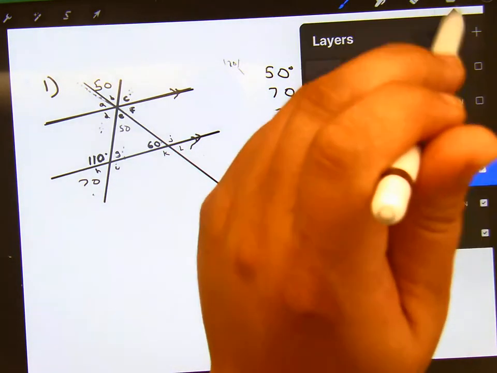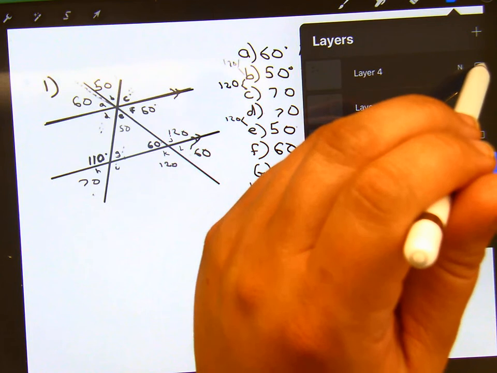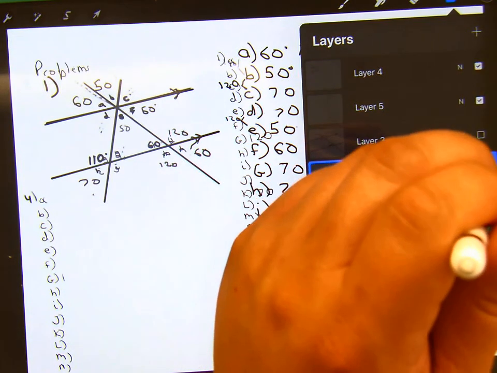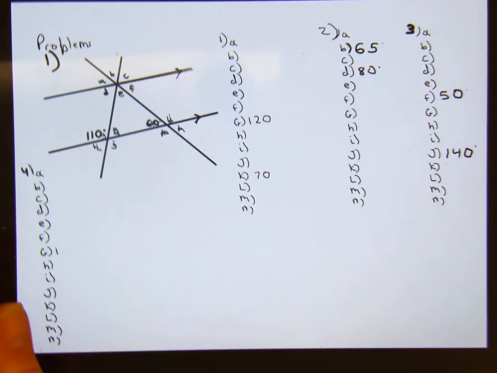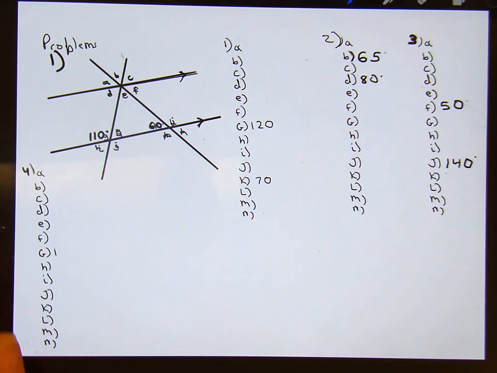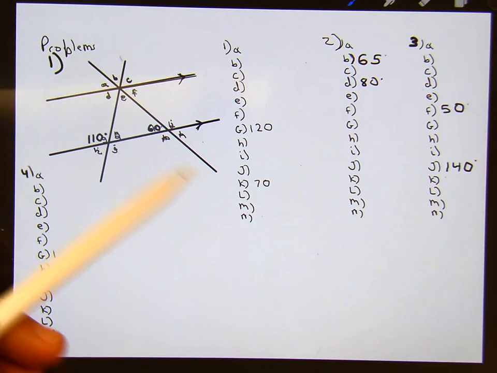So let's look at your problem sets. Okay, so this is going to be your work that I want you to do. If you notice, I have my parallel lines cut by transversals.